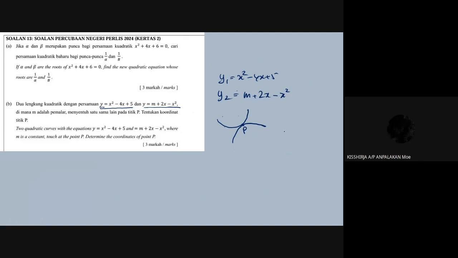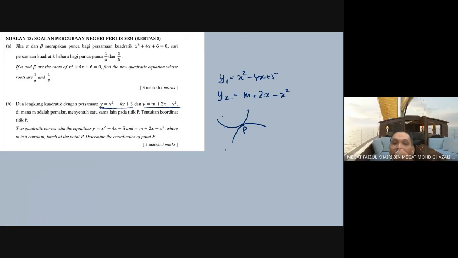Equate them, which is y1 equal to y2. Good. So x squared minus 4x plus 5 equal to negative x squared plus 2x plus m.